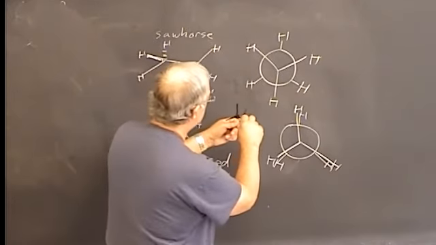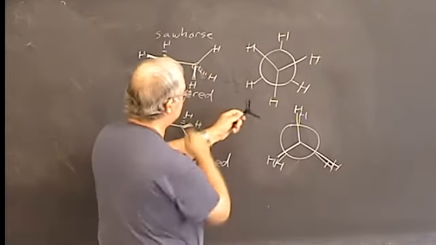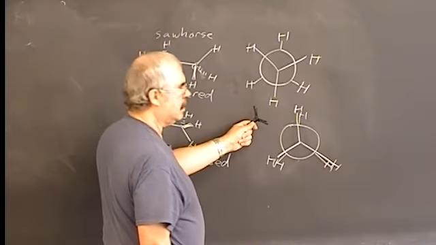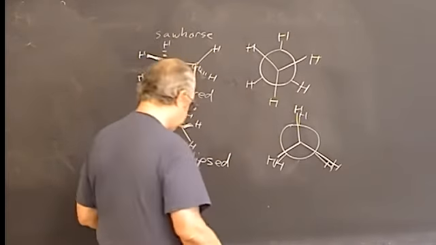We do rotation where our CH bonds are all lined up. So that's staggered and eclipsed.